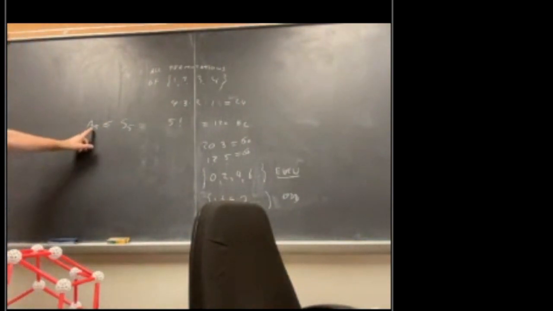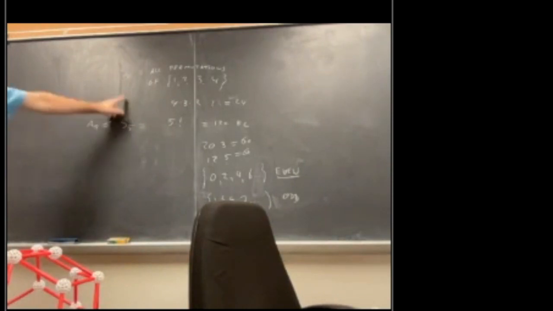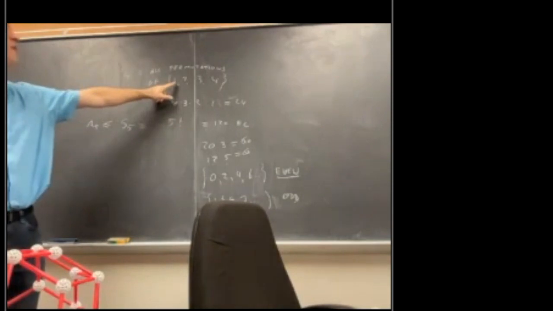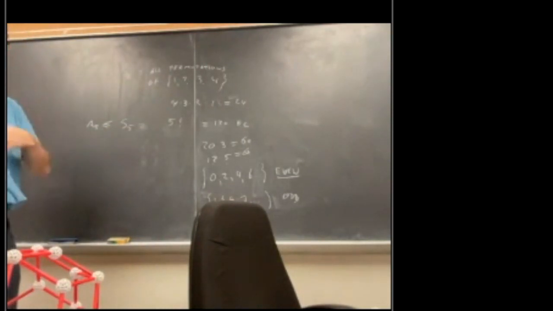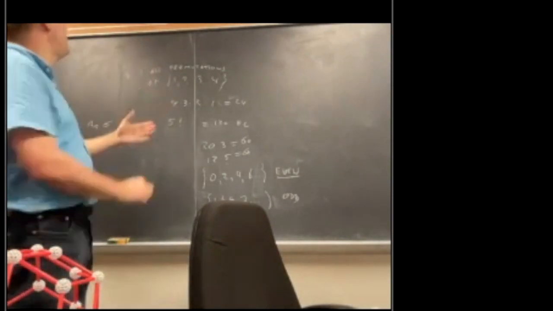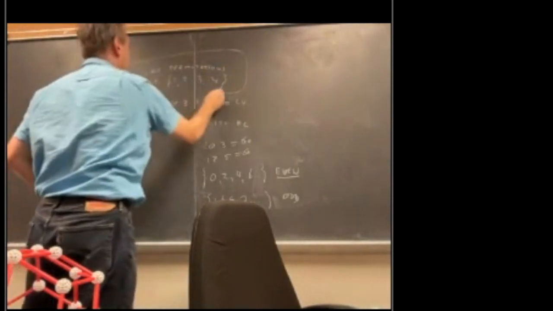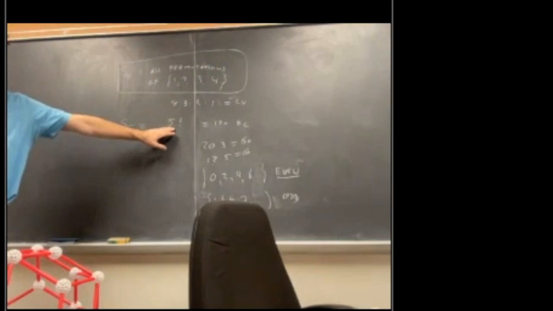S stands for the symmetric group, which means you're allowing, in S4, all permutations of 1, 2, 3, 4. You can hustle them around in any which way. And if you have two permutations, you can compose them and get another permutation. That's why this is a group. If you take all permutations of 5 numbers, you get a group with 5 factorial elements.